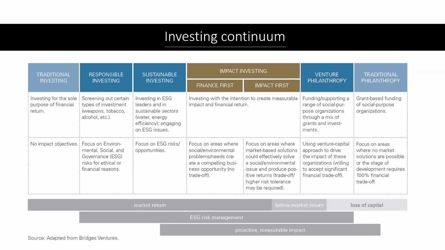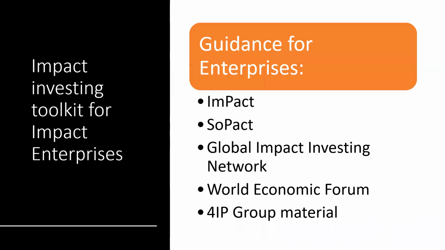And then, moving further away from that, we have below market return and eventually loss of capital as we go towards traditional philanthropy. Christian, you can help me with the next.